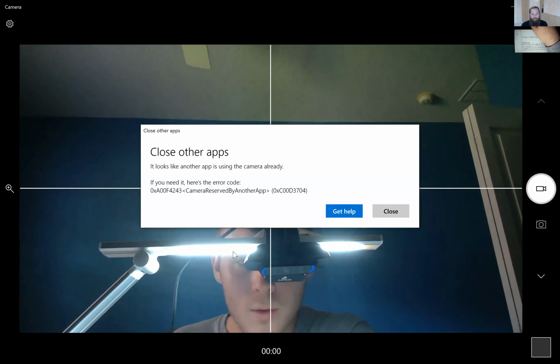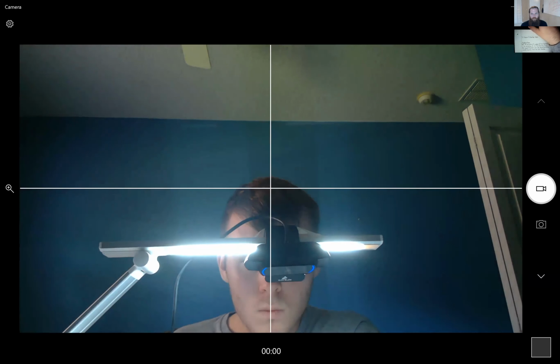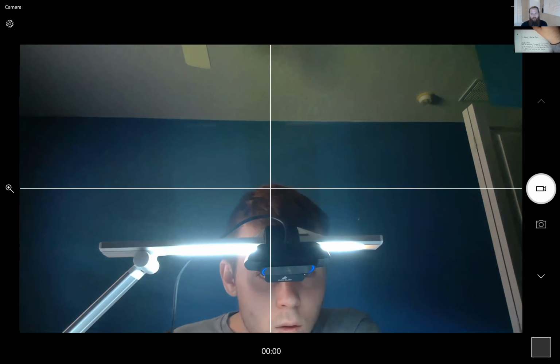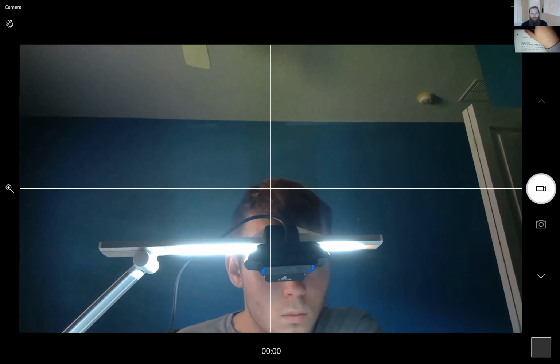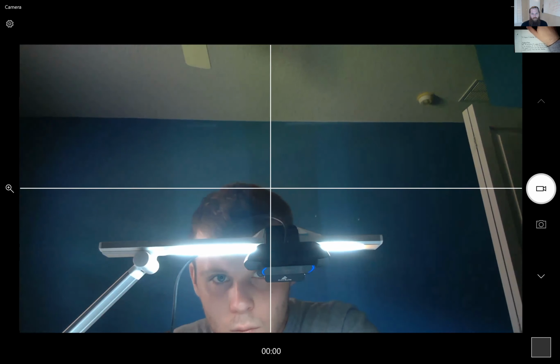If I change my Zoom camera to my face, it'll work. These sort of things can be a bit of a hassle, but it looks like it's going to come out just fine. Why is this not working? Stop screen sharing for a second and change my video camera.